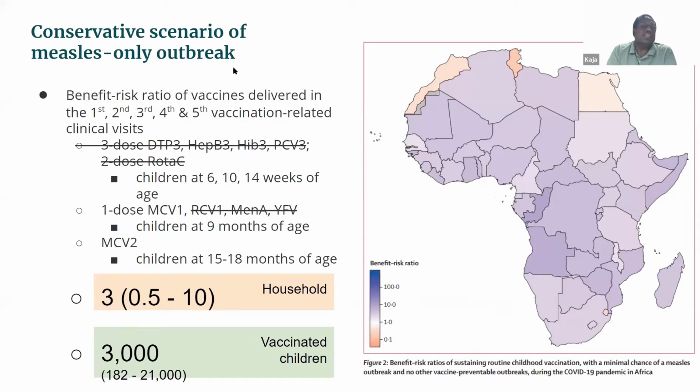And what if there's only a small chance of a measles outbreak, like we looked at a 1/8 chance within those 6 months. Even in that extreme scenario, the benefit risk ratios are quite favorable at the household level for most of the countries. And especially with respect to the vaccinated children, almost 3,000 deaths could be averted for every one excess death attributable to continuing the routine childhood immunization program.